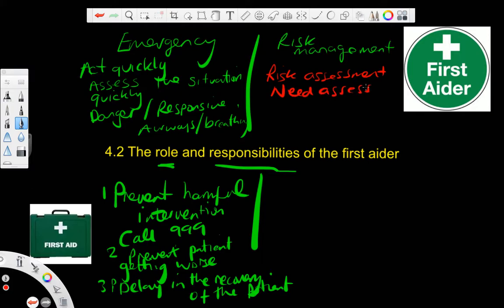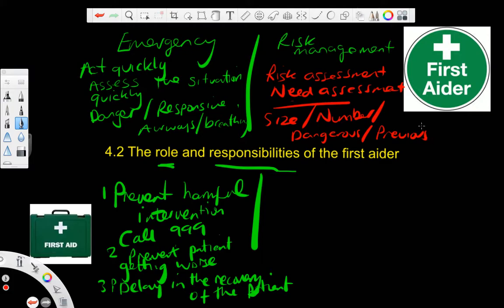So they do a needs assessment of the first aid provision based upon the size, the number of people, employees or customers, how dangerous the workplace is, and any previous accident history. So they do a needs assessment on a couple of those factors.